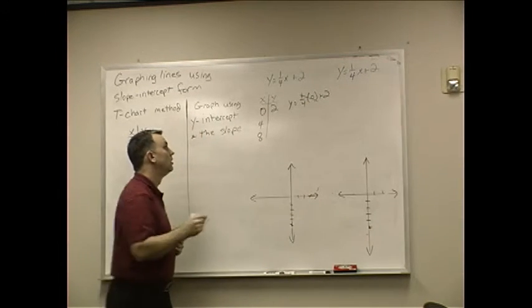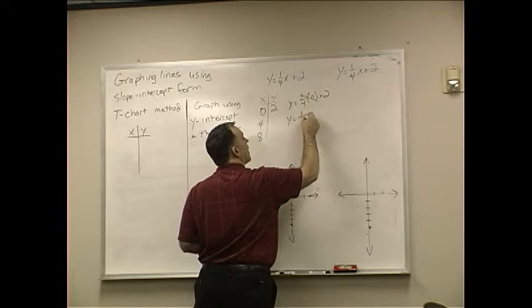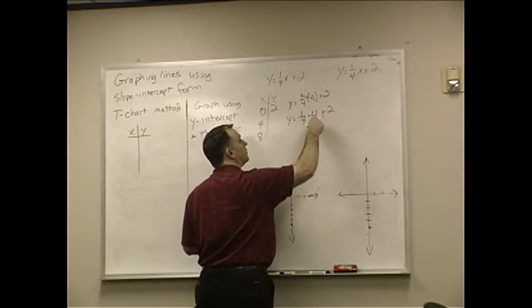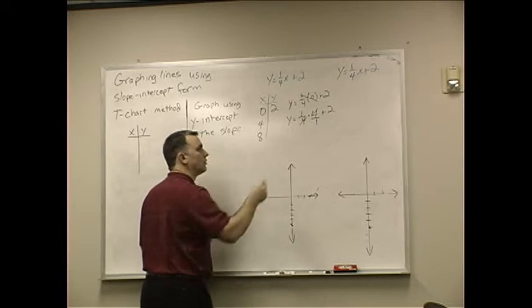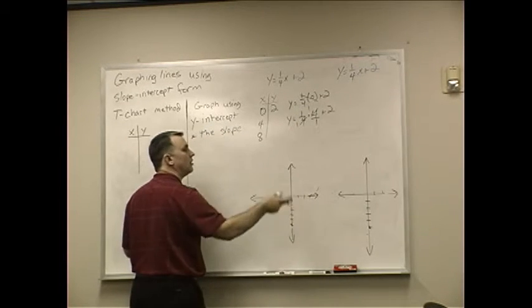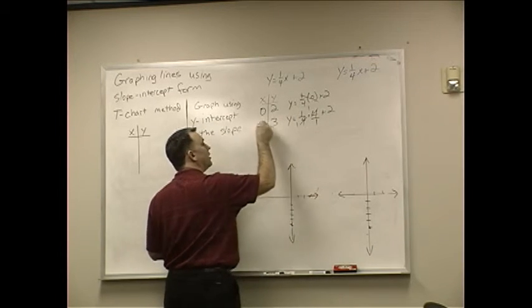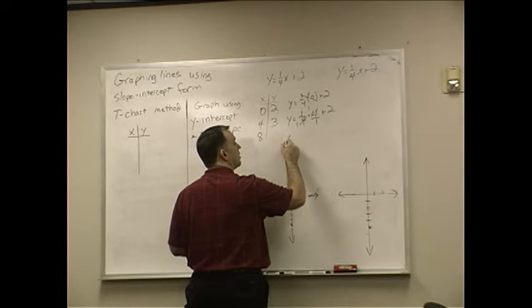That's 2. Now when I do y equals 1/4 times 4 plus 2, I'll have to put this 4 over 1. I'll have to cancel my 4s. Those will both turn into 1s. 1 times 1 is 1, plus 2 is 3. A lot more arithmetic this way, isn't there?